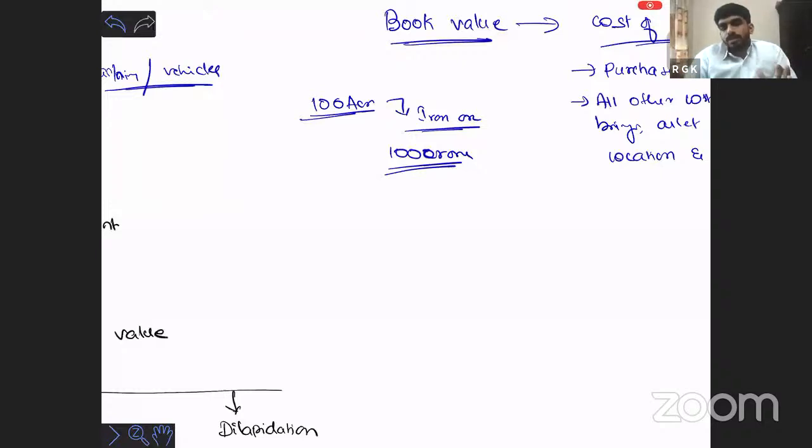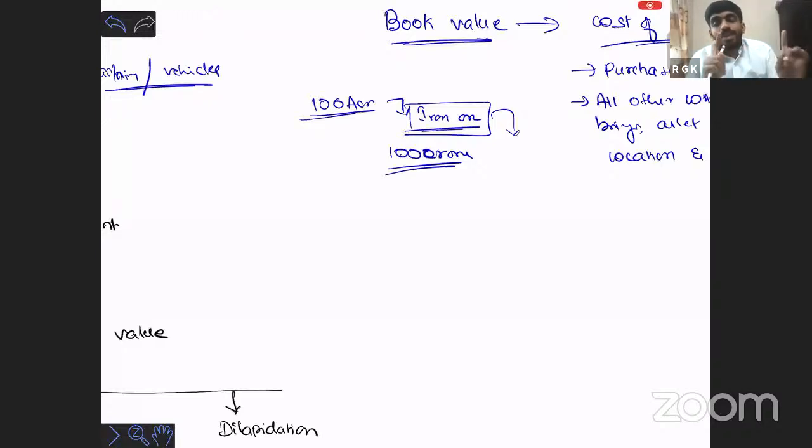But after iron ore is extracted from this land, later on the value of the asset will not be the same. Plain land is different, quarry lands are different.